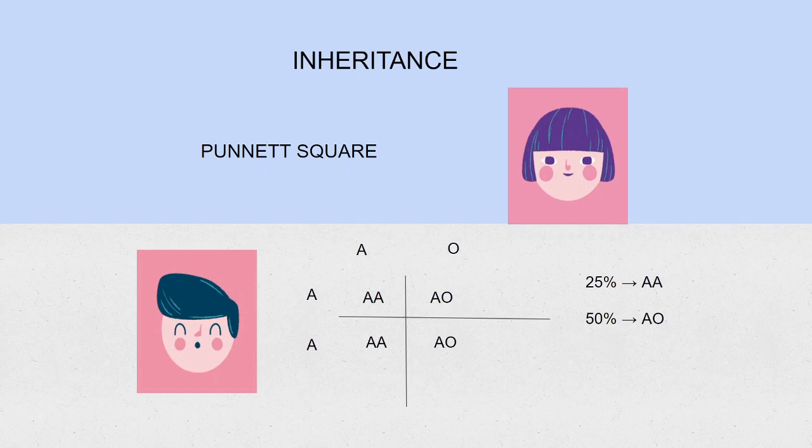In this case, two of our boxes will have AA in them and two of them have O and A. That means half of the children would have genotype AA and half of the children would have genotype AO. But since both genotypes code for the same phenotype, all of the children would have blood type A phenotype.